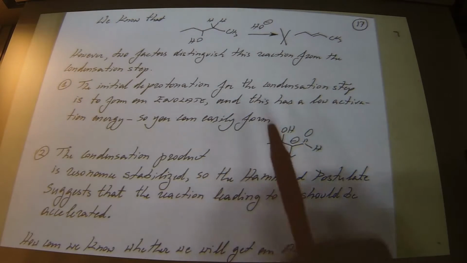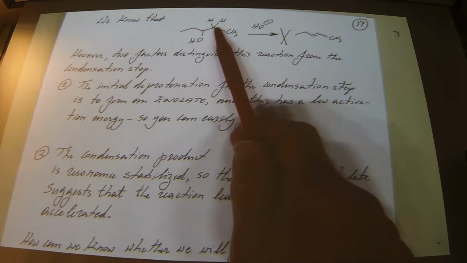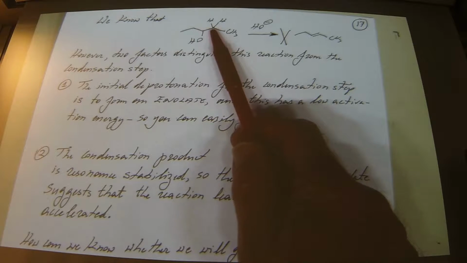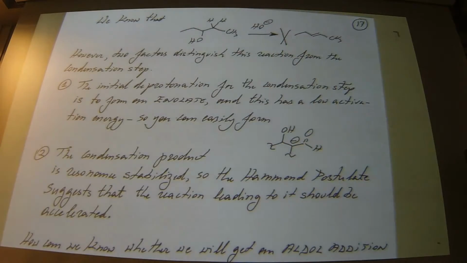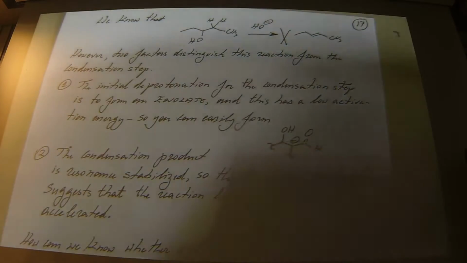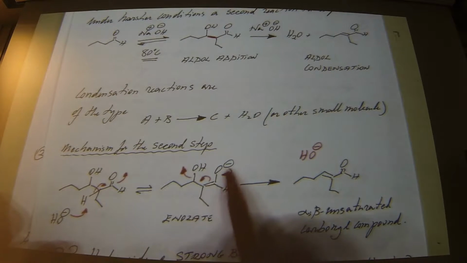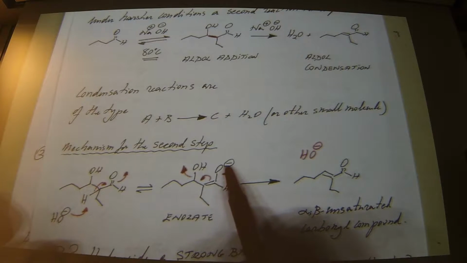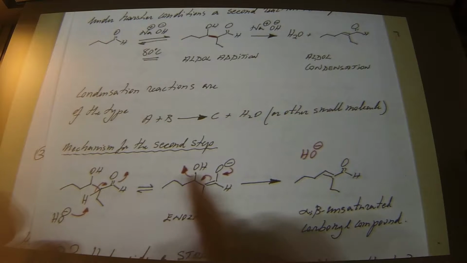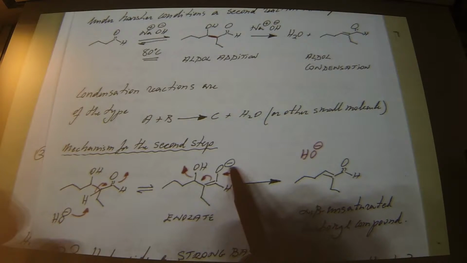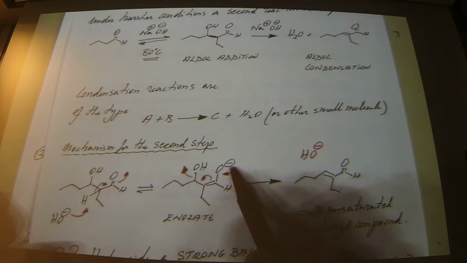First of all, you're never going to be able to pull that proton off without some help, right? It's not in any way stabilized by the anion. It's not stabilized by resonance or by anything else. On the other hand, when you pull off the proton from here, the anion you form is resonance stabilized, and it's actually an alkoxide, right? So not only is it resonance stabilized, I can put the negative charge on an electronegative oxygen atom.